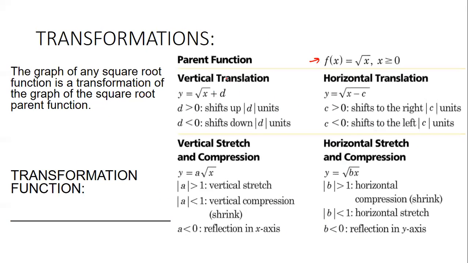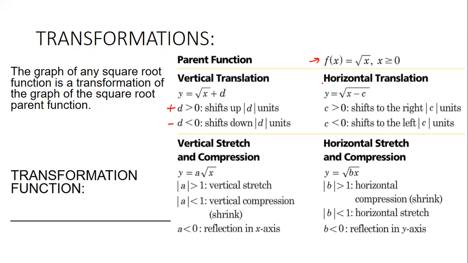Remember, if we're trying to go vertical, that means we're going up or down. So our vertical translation is the square root of x plus d. If there's a number being added, if d is greater than 0, meaning d is positive, we're going to go up. If d is less than 0, meaning d is negative, we're going to go down, right?